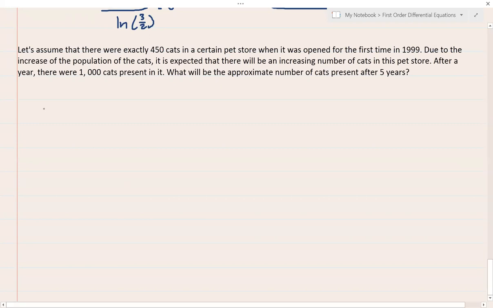So ibig sabihin nun, our formula would be dP over dt is equal to kP. Yung k mo ay positive, kasi nag-i-increase yung population of cats. So, dito, what are we going to do?